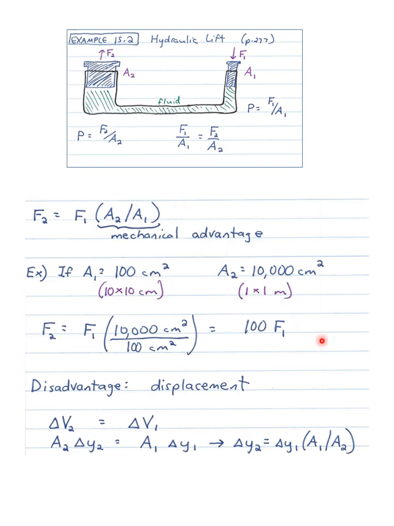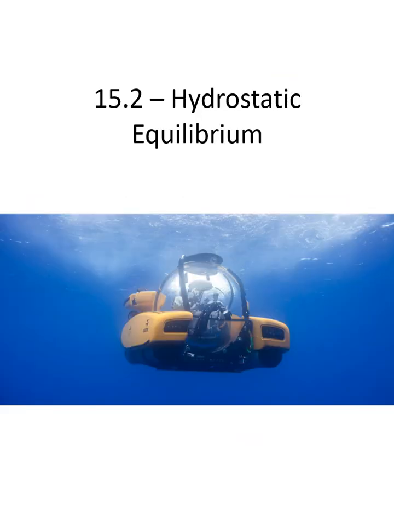So if, as in this example, we got a mechanical advantage of 100, we're also getting a height disadvantage of 100, which means we're going to press down on that piston. Let's say we press it down by 50 centimeters. Well, the piston on the other side is only going to come up by 1/2 of a centimeter. So that is the trade-off when we get a mechanical advantage. And that is the end of section 15.2, hydrostatic equilibrium. Have a great day.